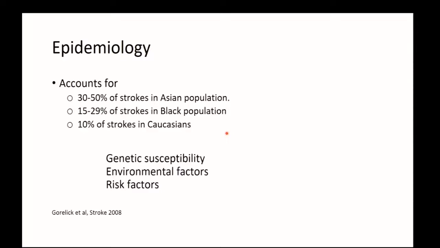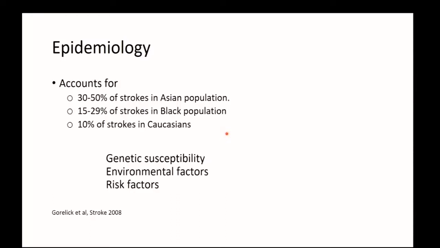I can attest to the difference between Black and Caucasian populations, having worked at Grady Memorial in Midtown Atlanta, where 85% of the patients were African American. It was very, very common. Every other patient would have ICAD, but we have a fair amount here as well.